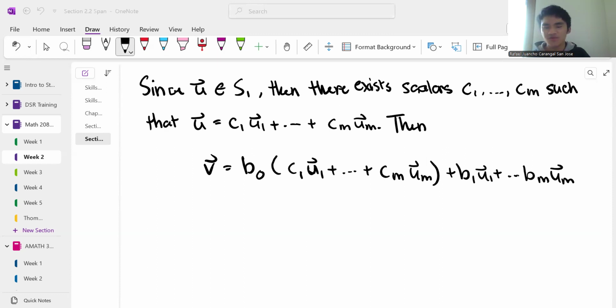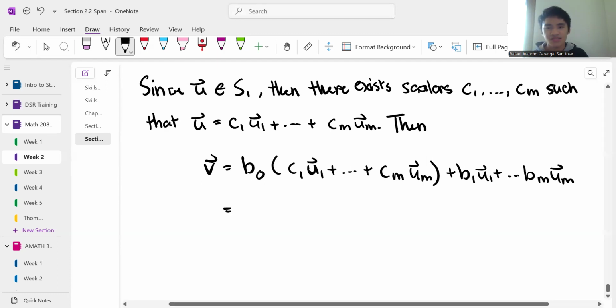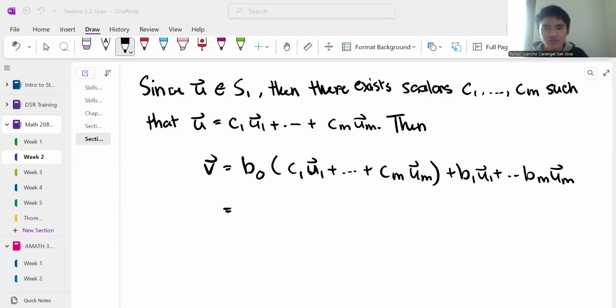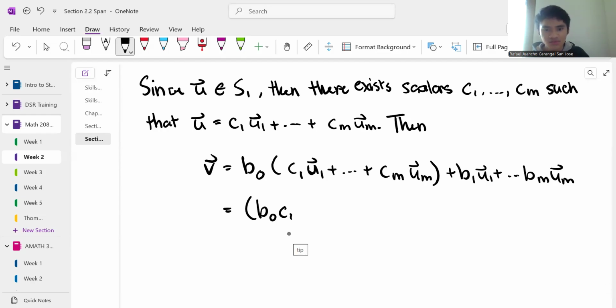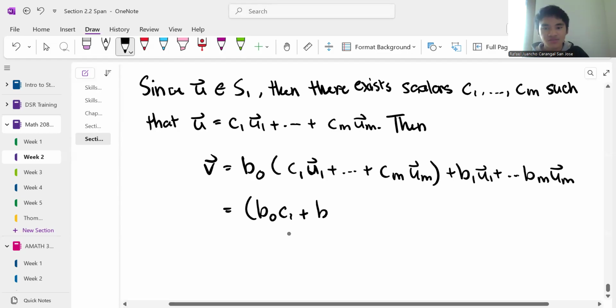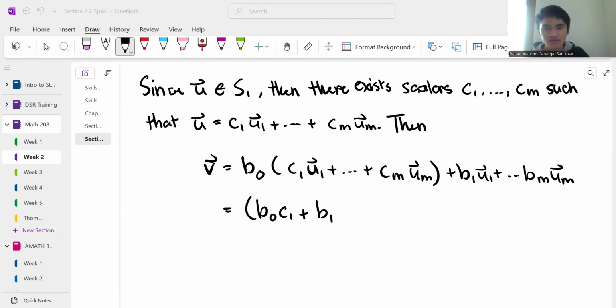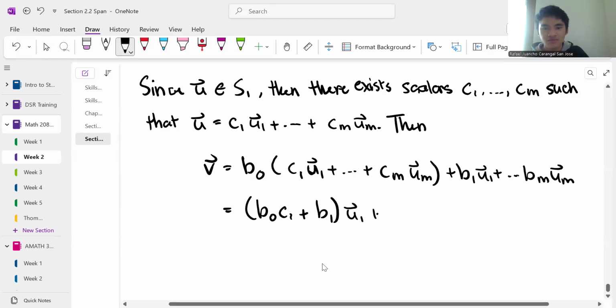And then what do we notice here? We're actually multiplying B naught to all of these guys. So we're multiplying B naught, C1, plus B1. Then we keep going.